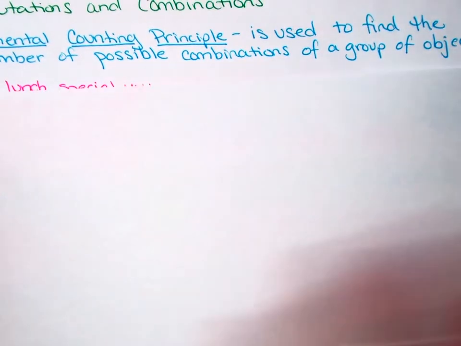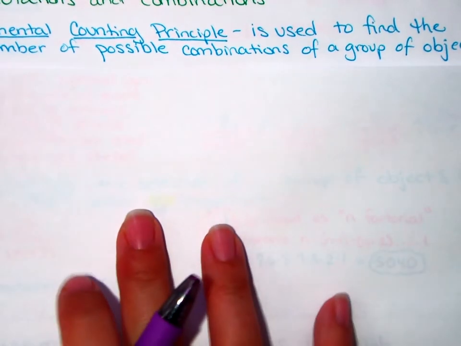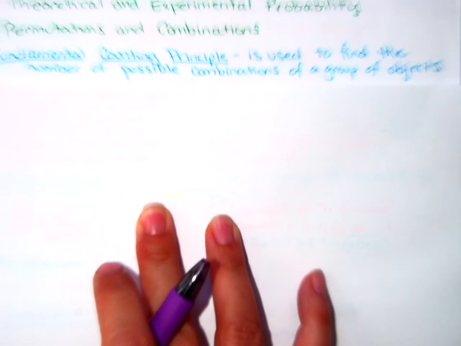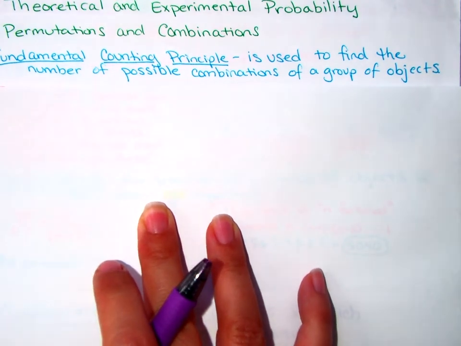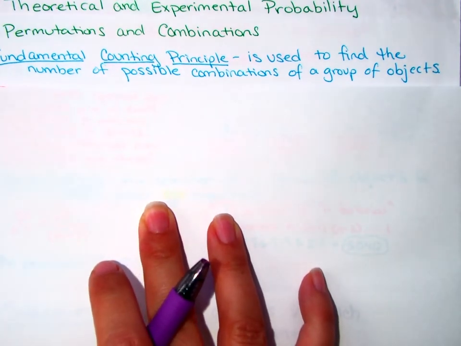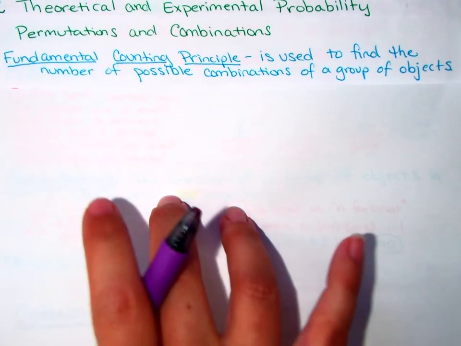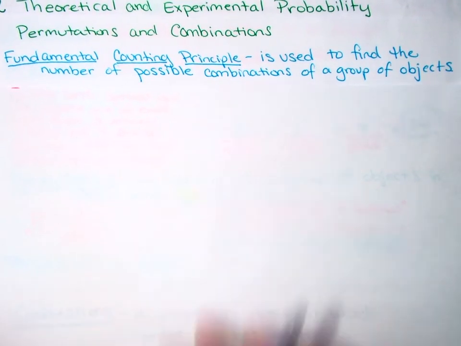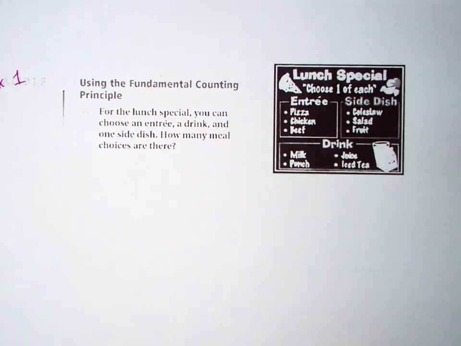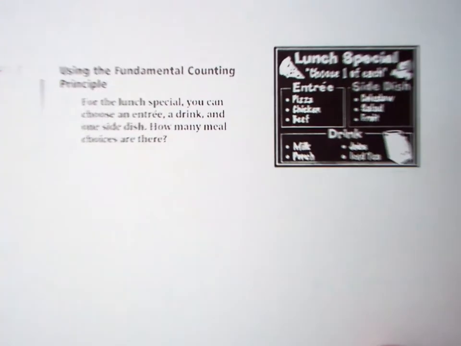What is the fundamental counting principle? All right, so our fundamental counting principle is used to find the number of possible combinations of a group of objects. Okay, so our fundamental counting principle helps us to find the possible combinations. So on our first example, we're going to use the fundamental counting principle. All right, let's go back in.